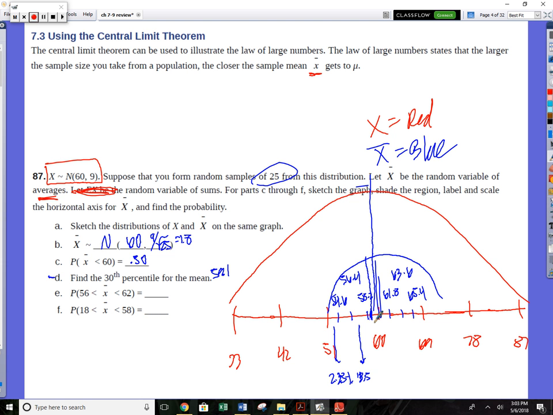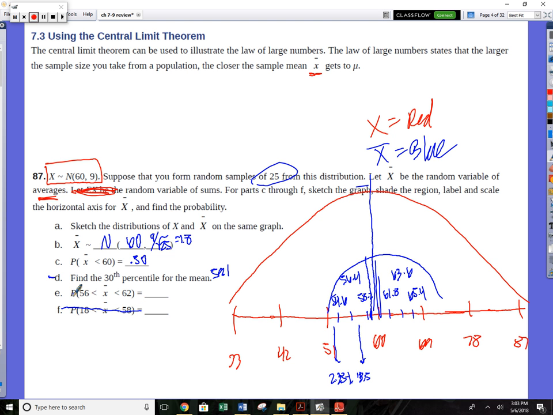And then this one, between the mean and the first, that's 34%. So yeah, that makes sense. That's going to be about 30% of the population. Okay, let's do E. We'll skip F, because if you can do E, you can do F.